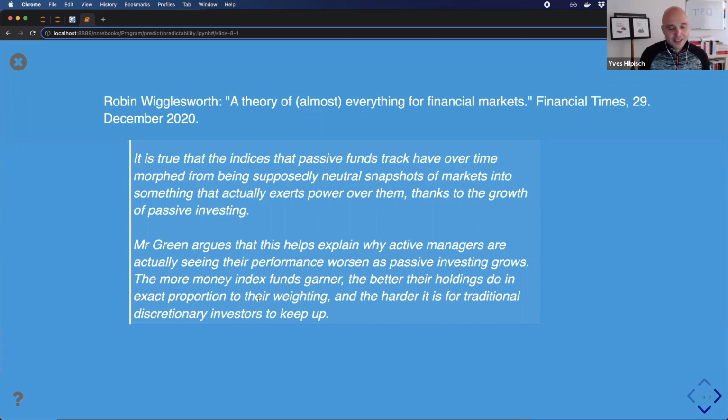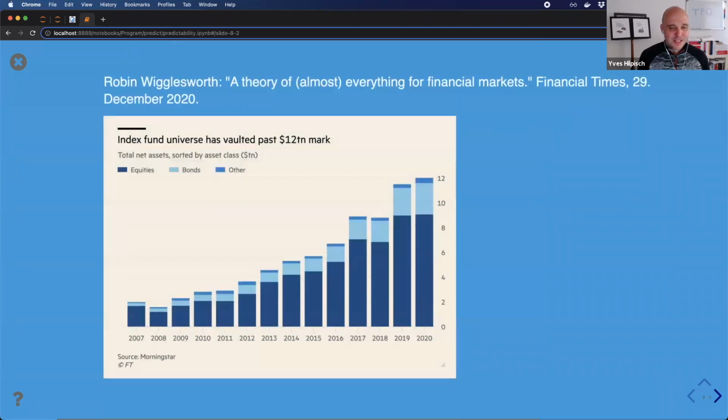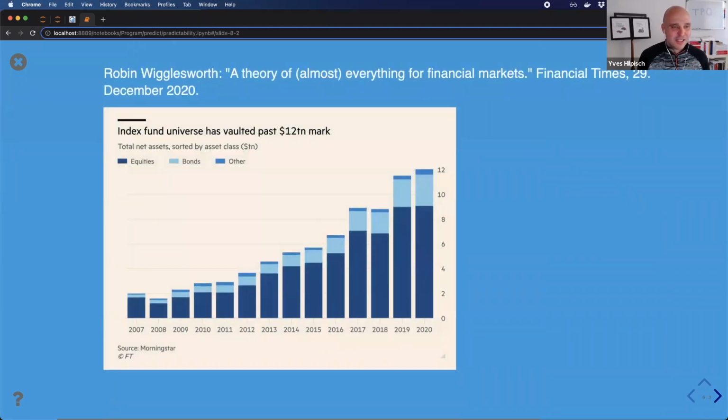So if enough people believe in efficient markets, then markets will become efficient, because simply the stock indices are mimicked. Pretty interesting thing. And you see here the growth in passive index funds, the index fund universe sorted by asset class. This is where we see the growth over time.